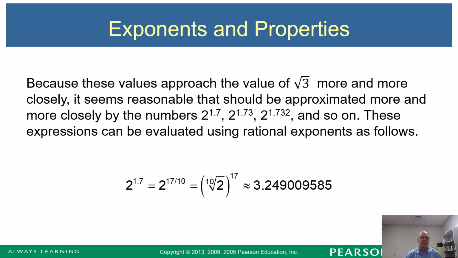So we could have 2 to the square root of 3. If we wanted to use rational exponents, we could get closer and closer approximations to the square root of 3. This would be 17 over 10. That's closer to it. And then eventually get something close enough for our purposes.